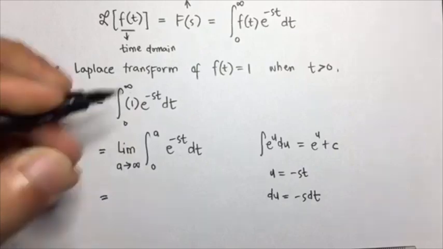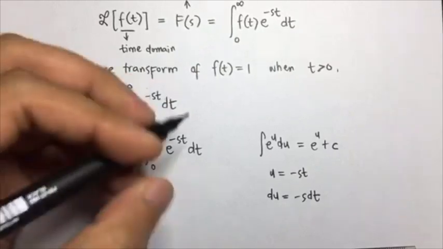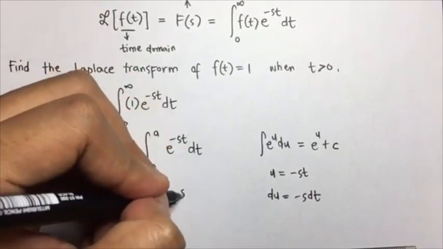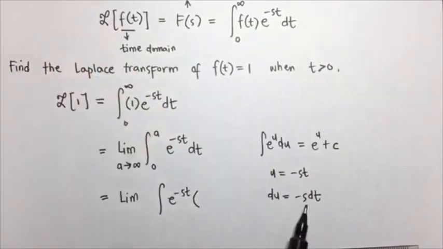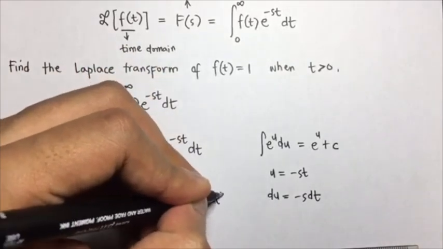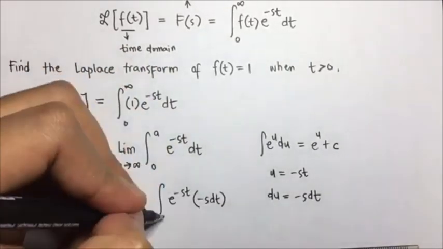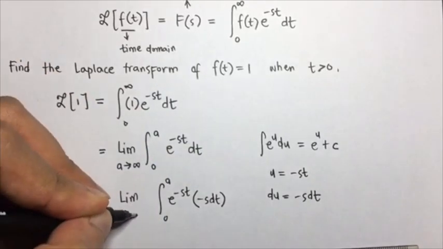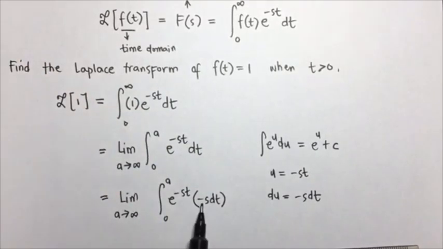So this will now become the limit of the integral of e raised to the negative st, where the differential part is negative s dt, with limits from 0 to a as a approaches infinity. Since we write negative s here, outside the integral sign we must write the reciprocal of negative s to balance it out.